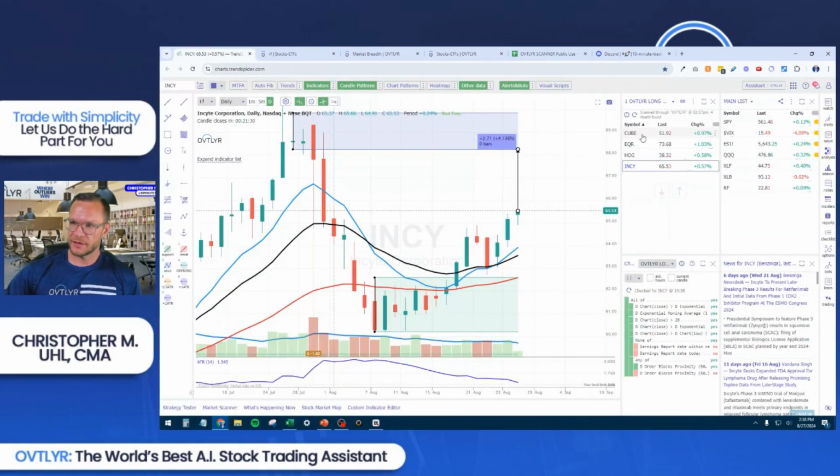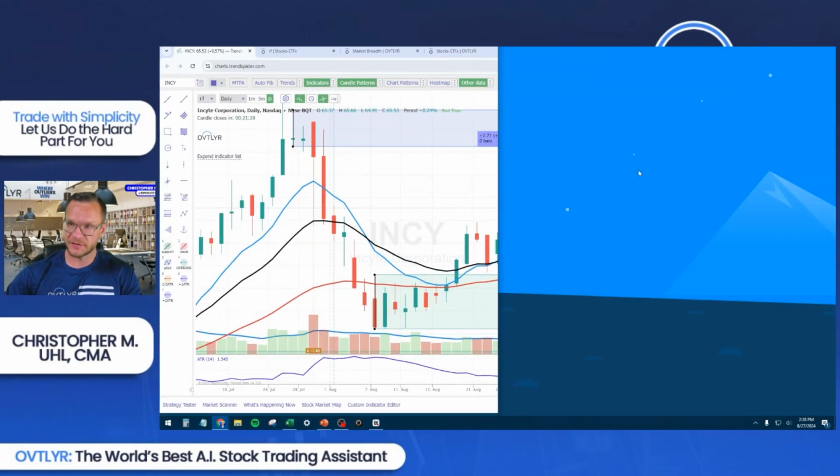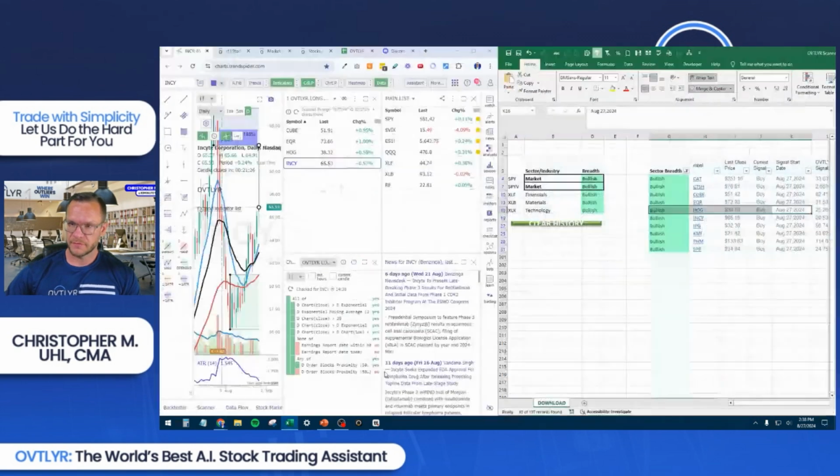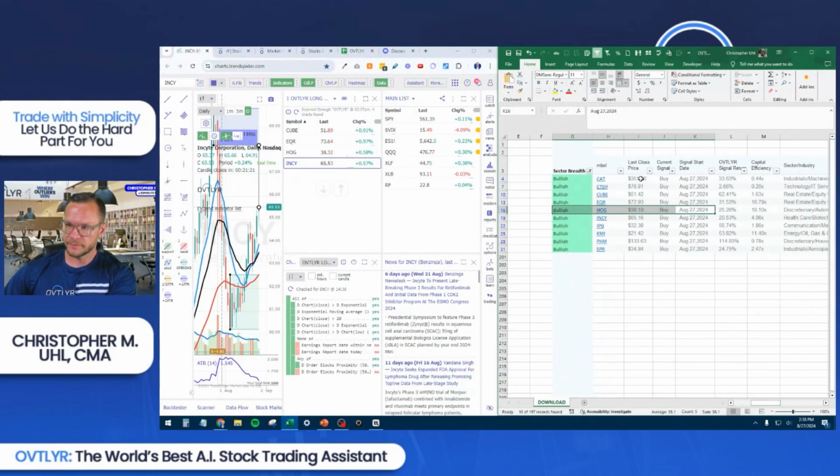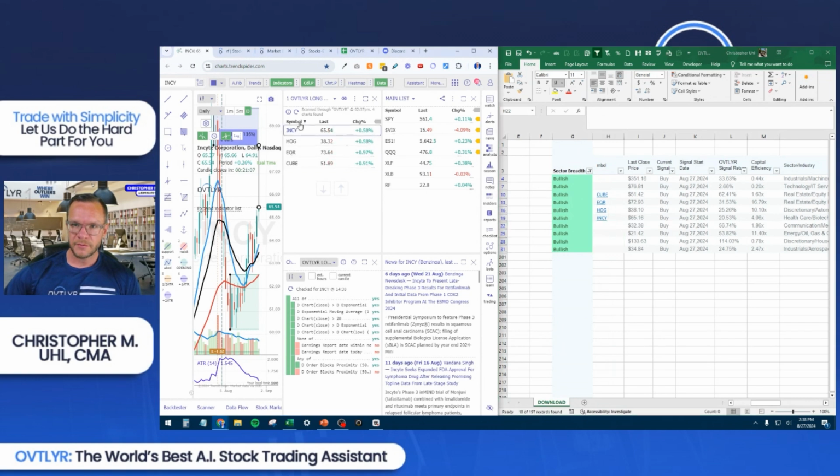And now we're looking at these four guys: Cube, EQR, Hog, and NC. Cube, EQR, NC, hog. Okay, got it.